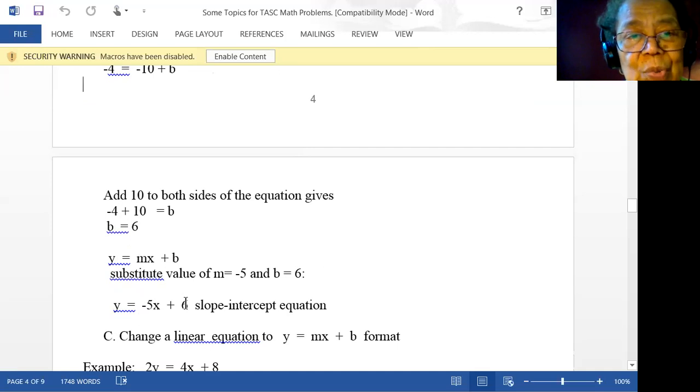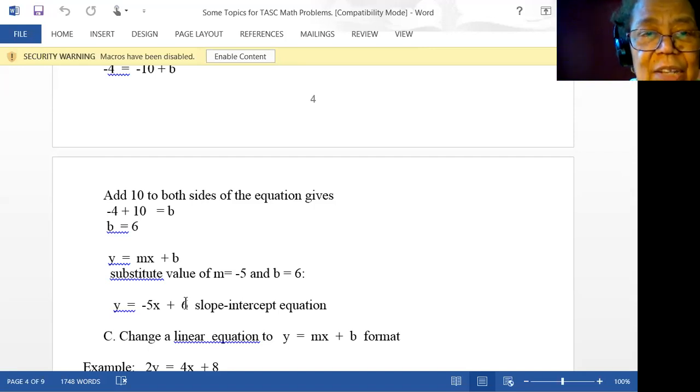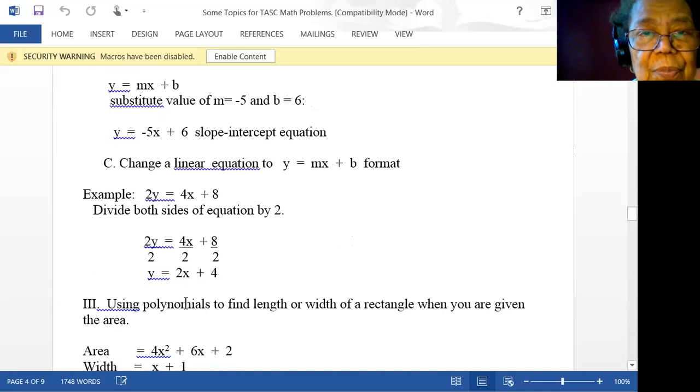That's how you solve for the equation when you know the slope and one point, because you only need an x and a y value and the slope to find the slope-intercept equation.